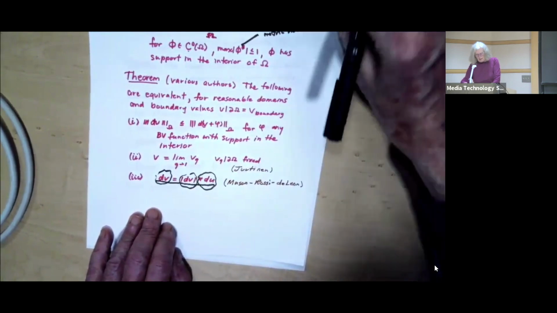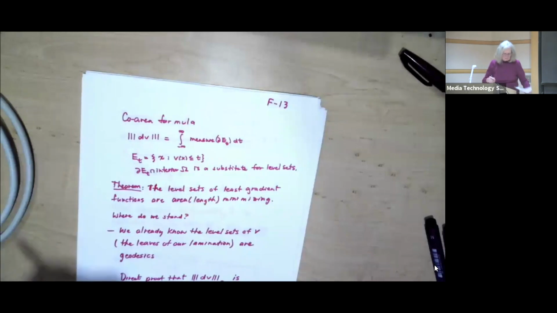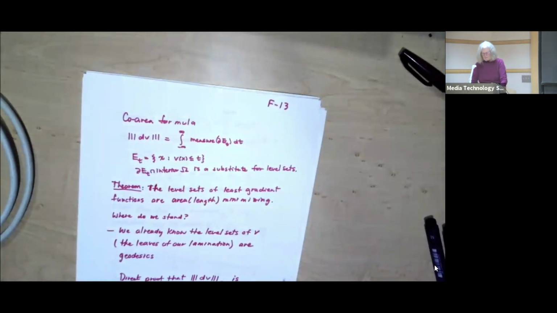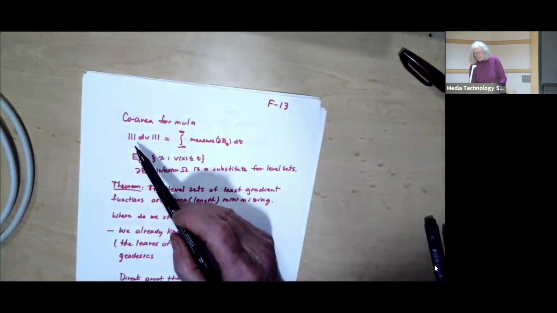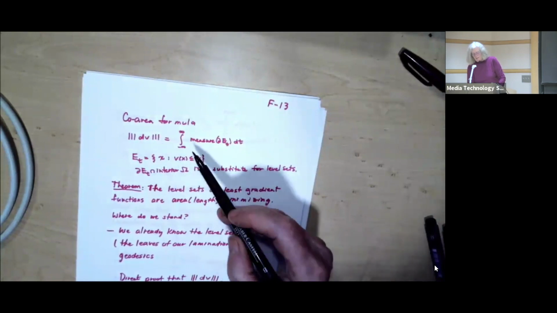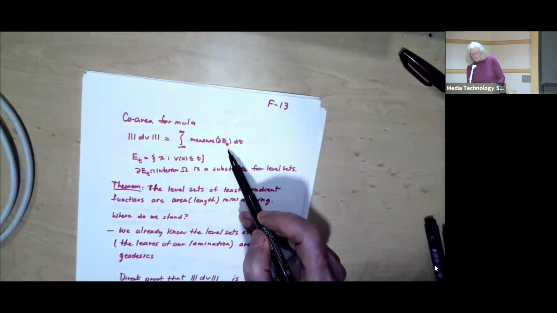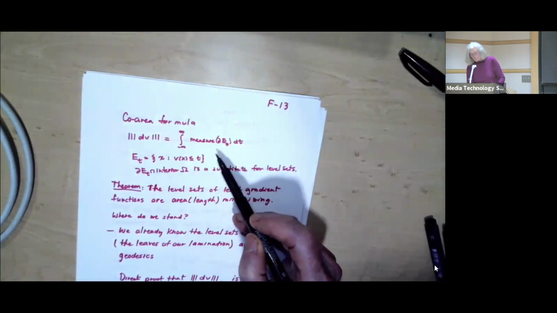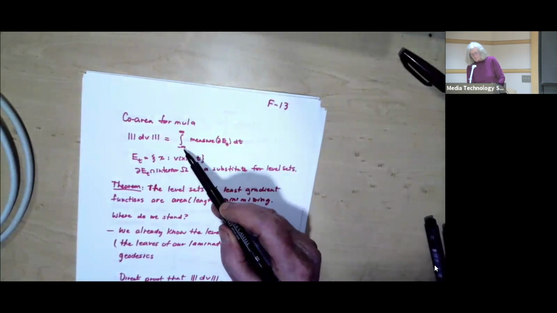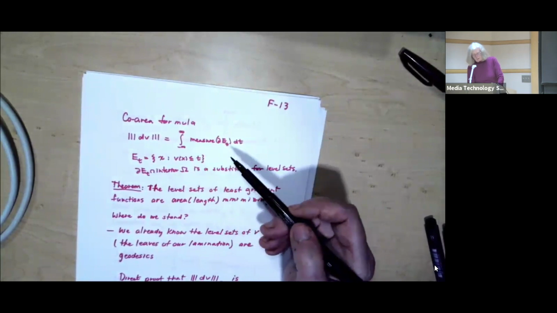But of course, why least gradient functions are of interest to people is the co-area formula, which says that the norm that I'm writing down is the integral of the measure of the level sets of V, integrated by the value of the level.